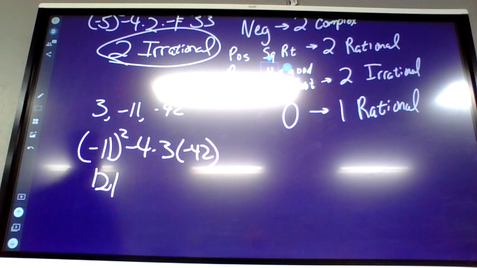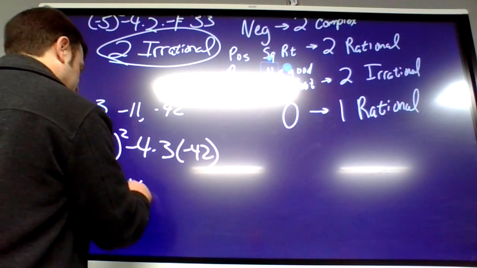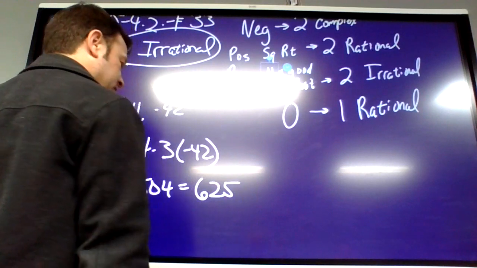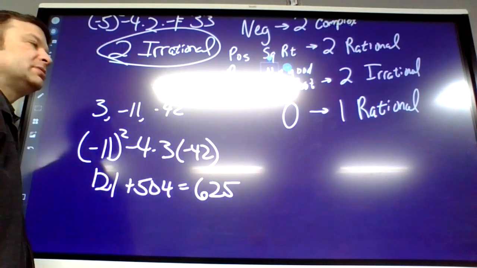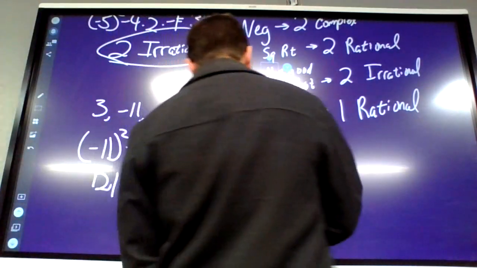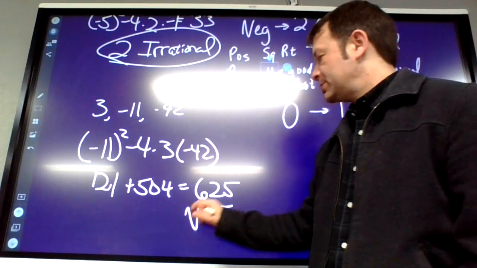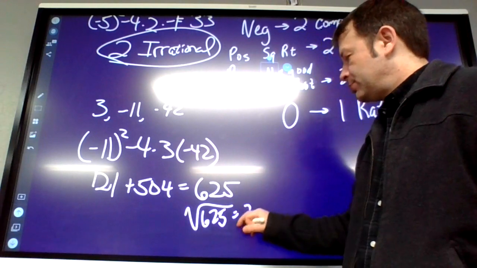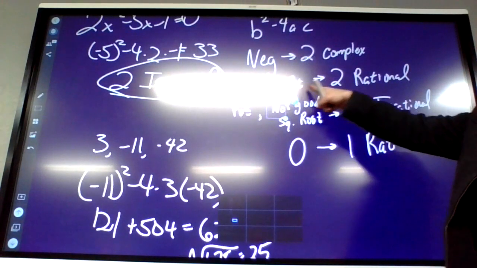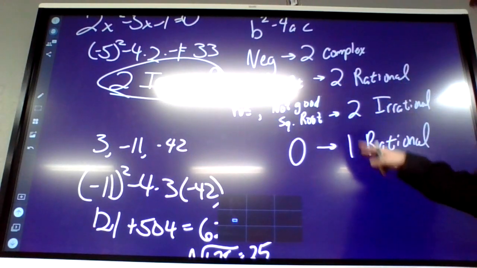It's gotta be positive something. 420 plus 84. 504. 625. Oh, that does have a square root, I think. I think the square root of that is 25. If you plug square root of 625 in, you should get 25. So it actually has a nice square root. So that means you should get 2 normal answers, 2 rational answers.